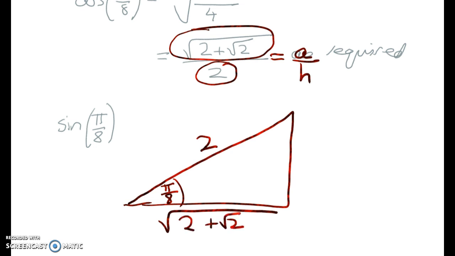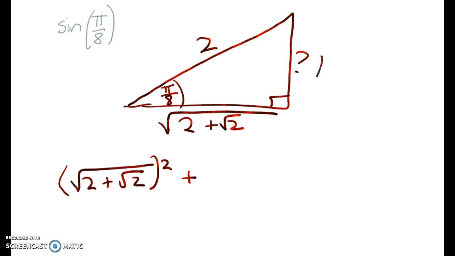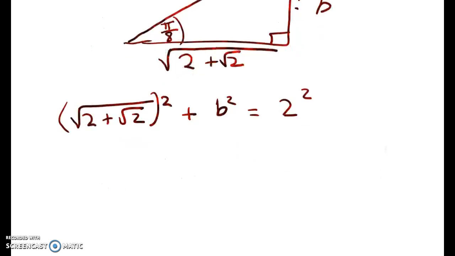So if I ever need to get a sine from a cosine in a problem like this, this is usually a good way to start. So what's this side? Well, by Pythagoras, we've got a squared plus, we'll call this b squared is equal to 2 squared. 2 plus root 2 plus b squared is equal to 4.